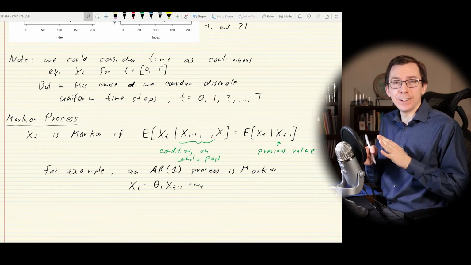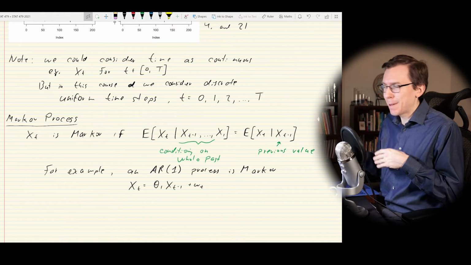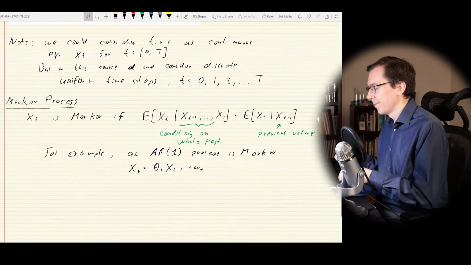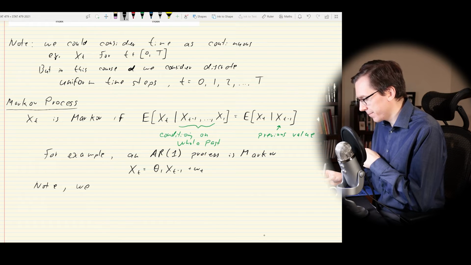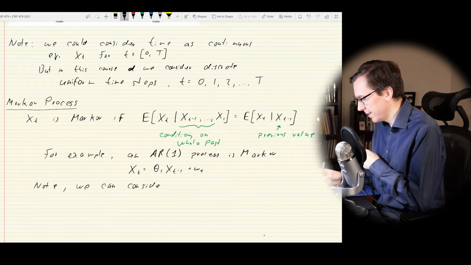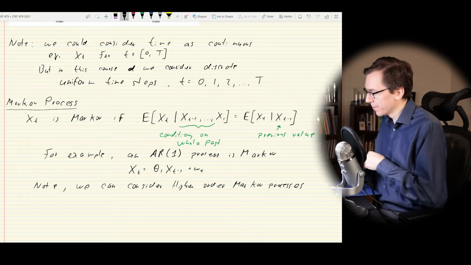And if we know the value at the previous time point, then we don't really care about the history that preceded it. It's also worth noting we can consider higher order Markov processes.